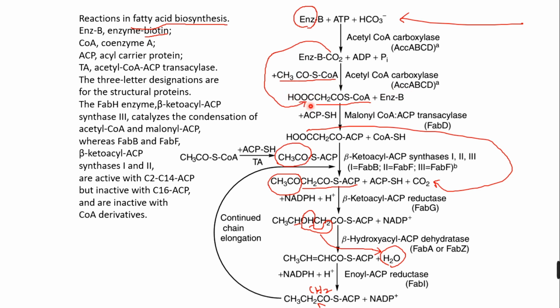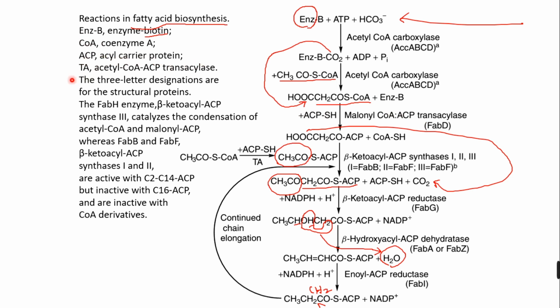Now this acetyl coenzyme A, the underlined one is here, and the enzyme-biotin complex is liberated, and the CO2 is attached here. The next reaction is malonyl CoA ACP transacetylase, and in this acylation the acyl moiety is transferred from one component to another. ACP means acyl carrier protein.